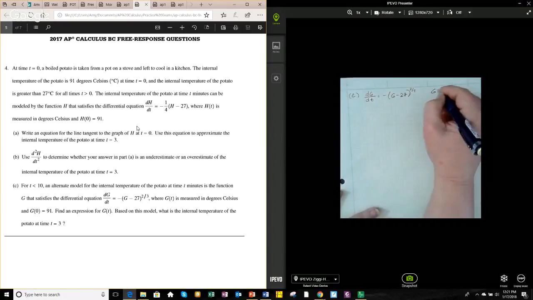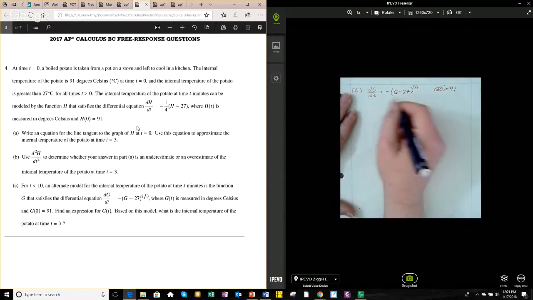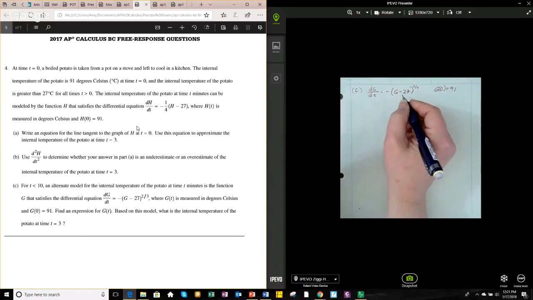So they're giving us the same initial condition. So g of 0 is equal to 91. All right, so we're going to find an expression for g of t, which means we are going to separate and integrate to solve this differential equation.